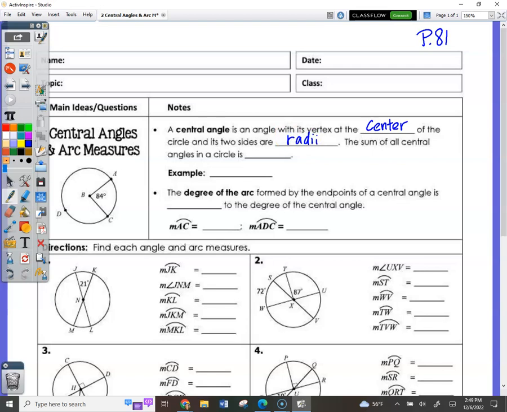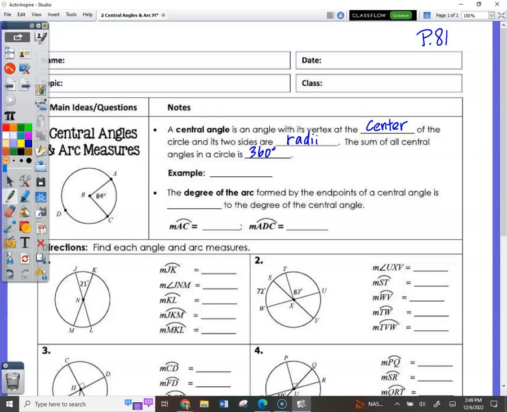How many degrees are in every circle, no matter the size? 360. No matter the size of the circle, there's 360 degrees in it. That's because it's not about the size of the circle, it's about the rotation. If you think of a skateboarder who does a 360, that means they did a full rotation, right? So every circle has 360 degrees in it.